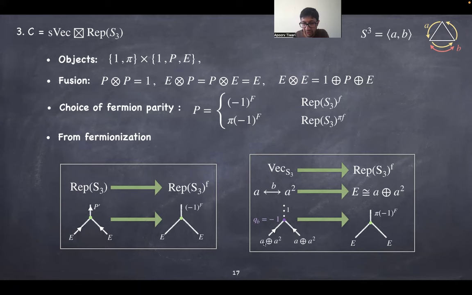So if you take A squared minus A squared A, that's charged under B because A and A squared get swapped by B. And therefore, this purple operator is charged under B and it goes to the twisted charge sector. Therefore, it has a pi line attached to it.